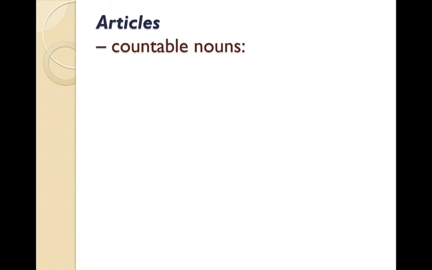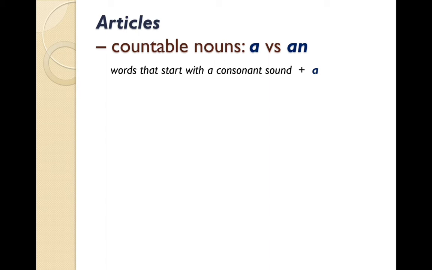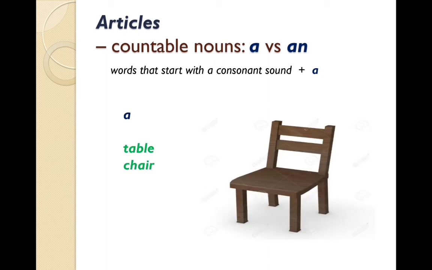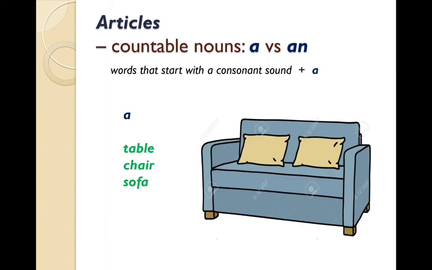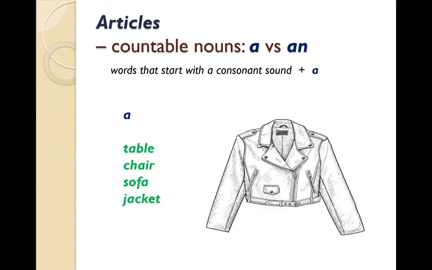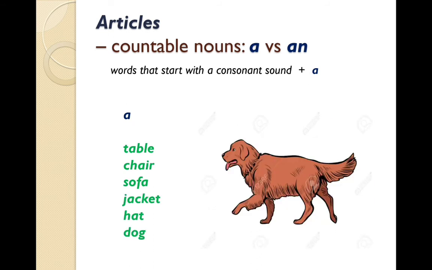Countable nouns, a versus an. Words that start with a consonant sound, we use a. A table, a chair, a sofa, a jacket, a hat, a dog.